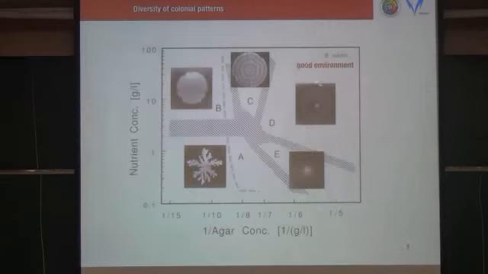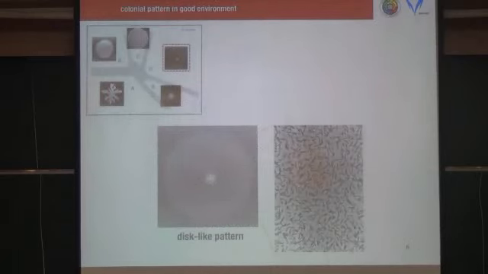For this situation, a good environment, it's not so easy to see, but you can see a disc pattern like this. And this is one point of nucleation here, and then they are growing, and growing.